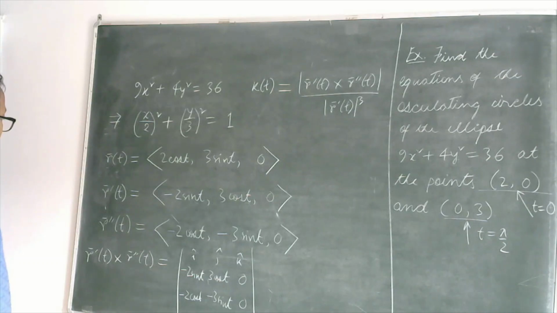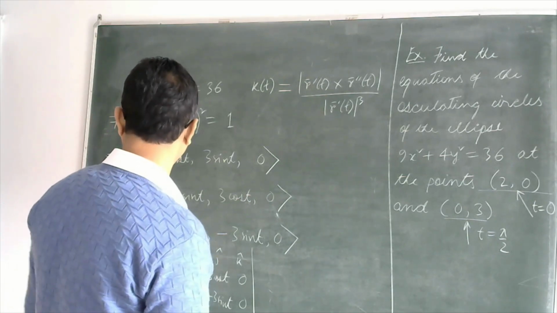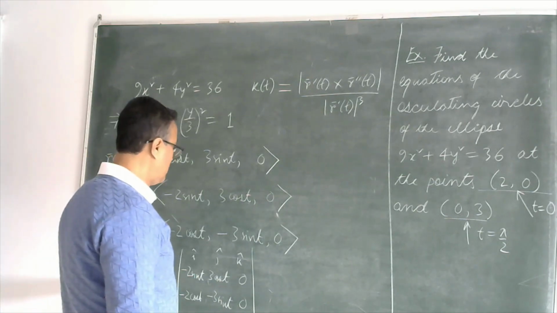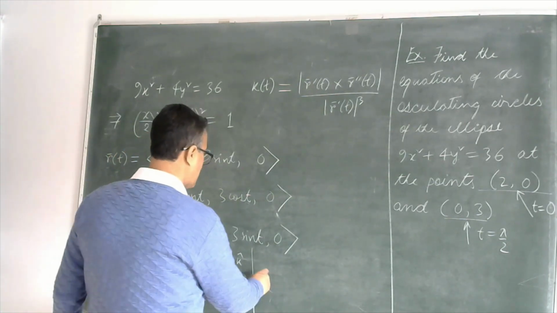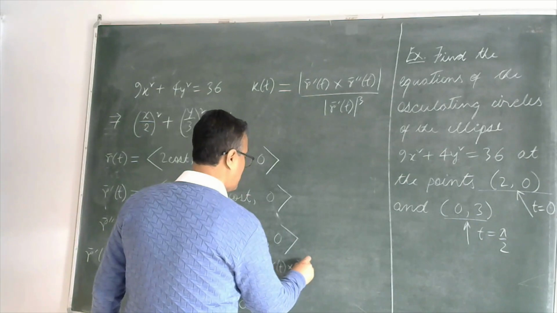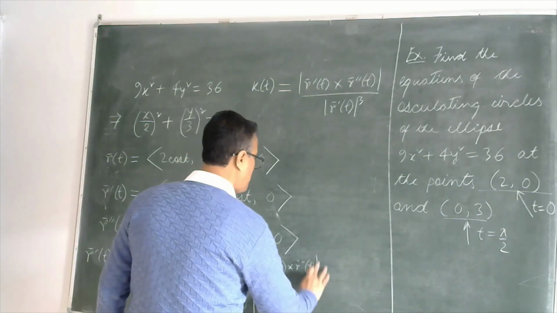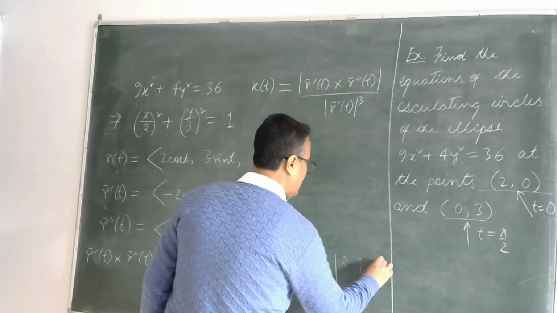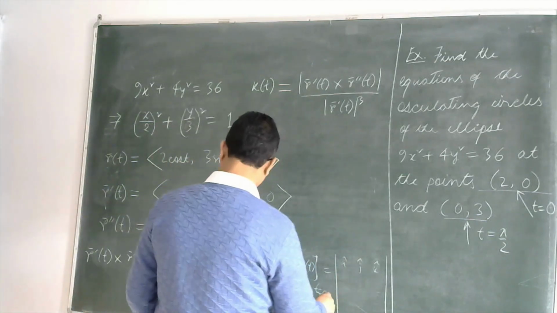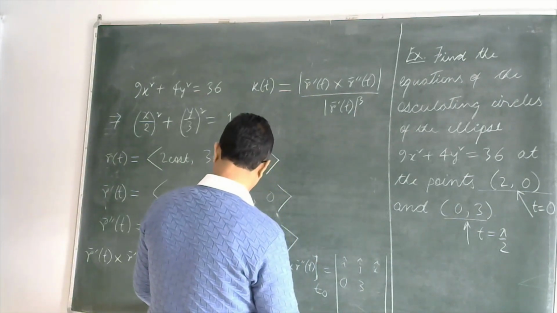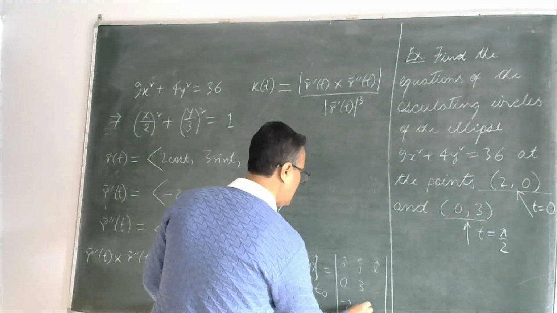Now if I want to find the cross product corresponding to t equal to 0, r prime is 0, 3, 0 and r double prime is minus 2, 0, 0.